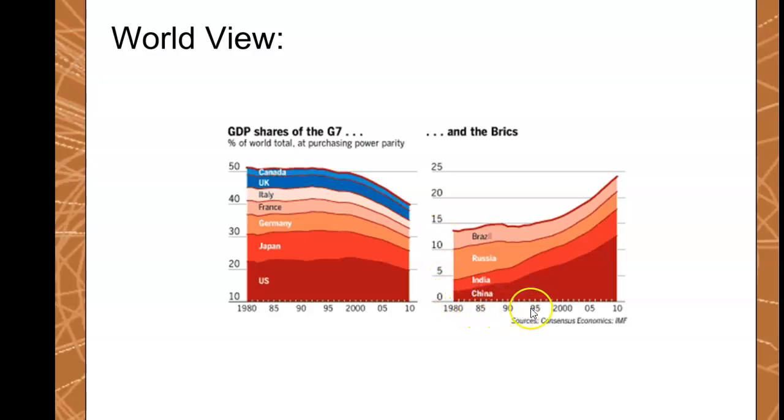And as time goes on, in 2010, they represent 25%. And that number today is much higher than it is in 2010. So basically what we're saying is the level of activity has shifted from these groups of countries to these groups of countries.